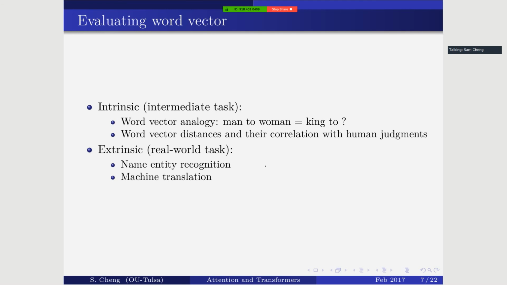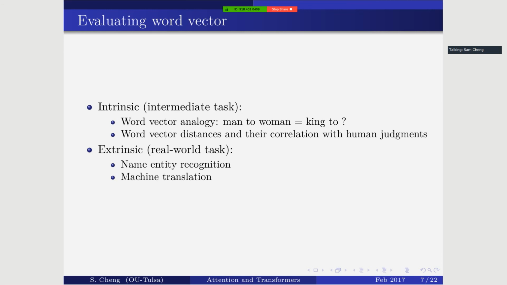But there are also some interesting applications, illustrated in some of these evaluation tasks. In this slide I really want to talk about evaluation tasks to evaluate how good the word vectors are, but at the same time I think of this as an interesting application still.